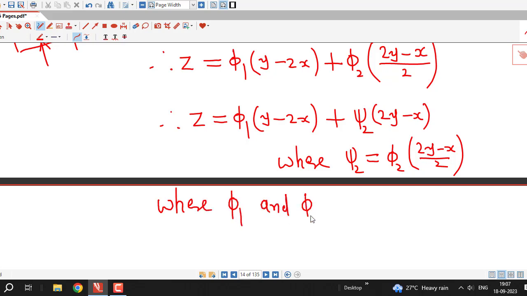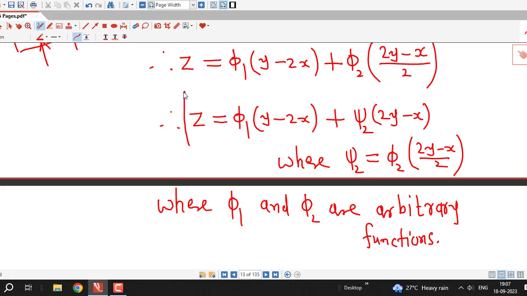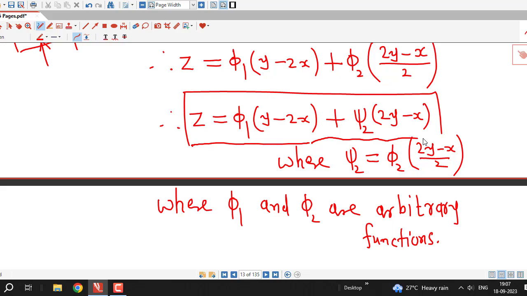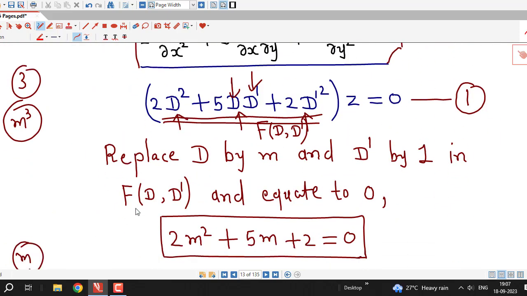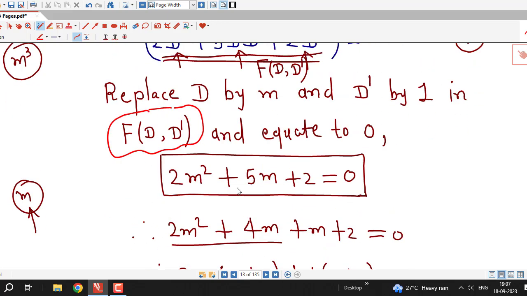Phi 1 and phi 2 are arbitrary functions, and this is the general solution of the given homogeneous linear partial differential equation with constant coefficients, in which this capital F is homogeneous in D and D dash. So this is the first case.